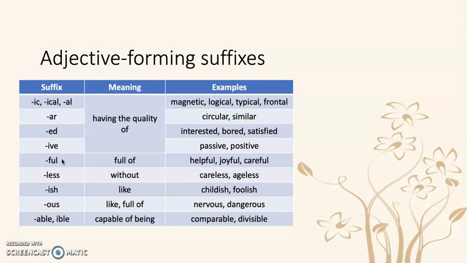So ful, meaning full of, helpful means full of help, or joyful means full of joy, and so forth. Ish means like, so someone who is childish is someone who is like a child. Go ahead, push pause, and look through the rest of these examples.